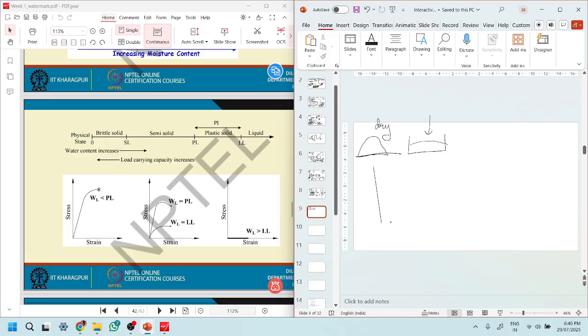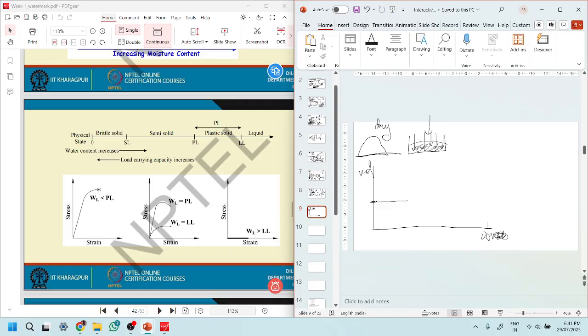And as I start adding water, initially what will happen? Let us say this was my state, completely dry. Initially, all the water that I am adding to this soil is going into the pores. So if we talk about volume change, this is the water content.